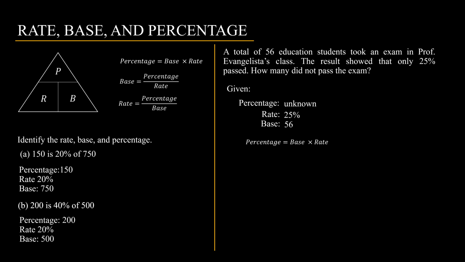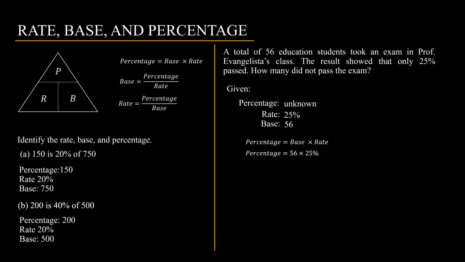So we're going to use the formula percentage is equal to base times rate. So percentage is equal to ilan yung base natin? 56. Multiply by ilan yung rate? 25%. But before multiply, hindi pwedeng ma-multiply yung base at saka yung percent na ganyan yung form niya.